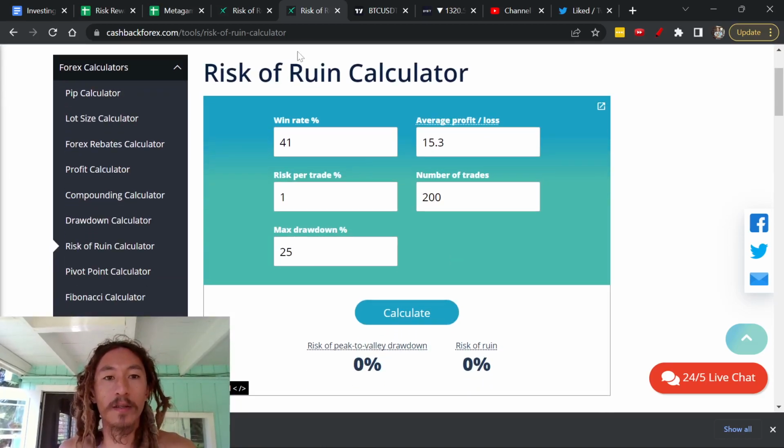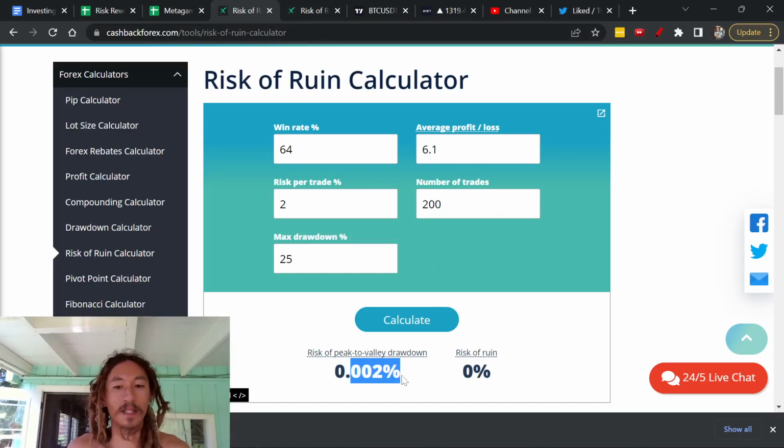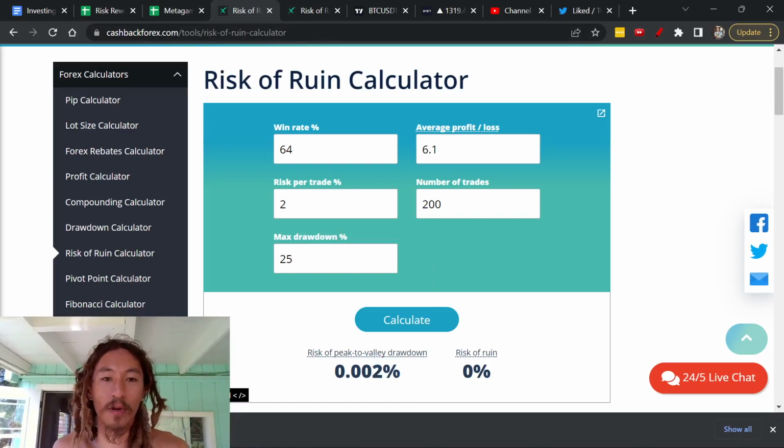So both are pretty good, and both could probably be increased. Let's say we want to risk 2% per trade. Okay, now there is basically no chance of even having a 25% drawdown.